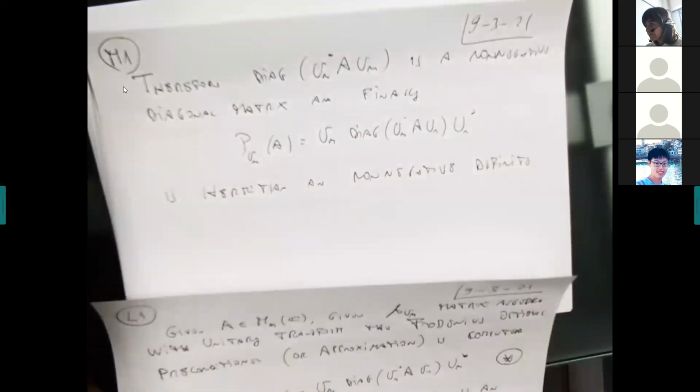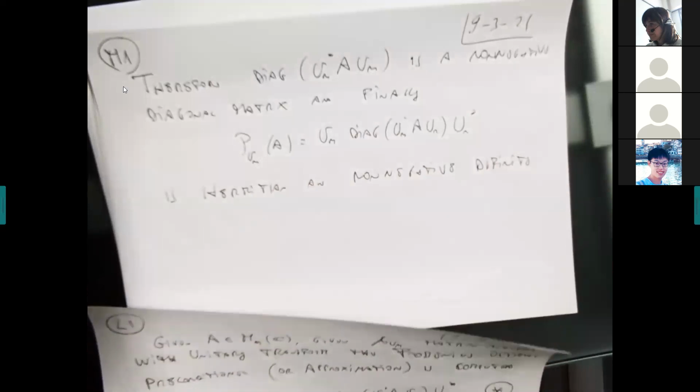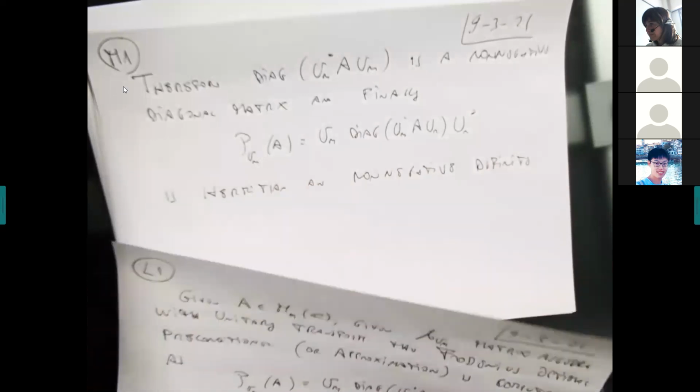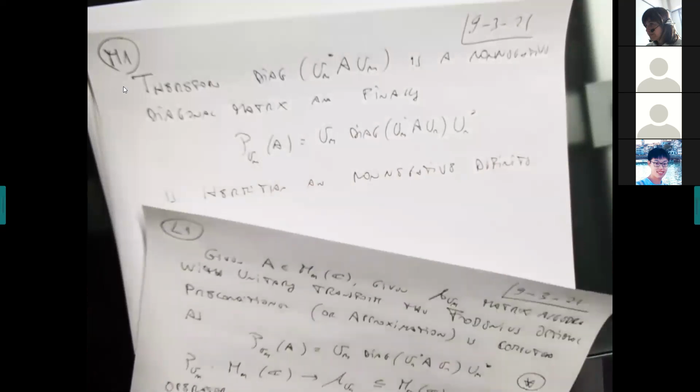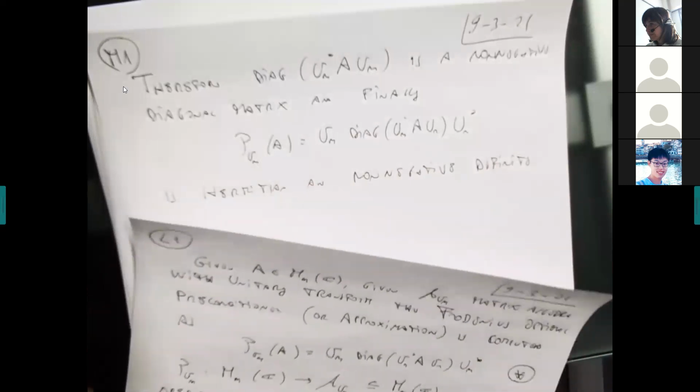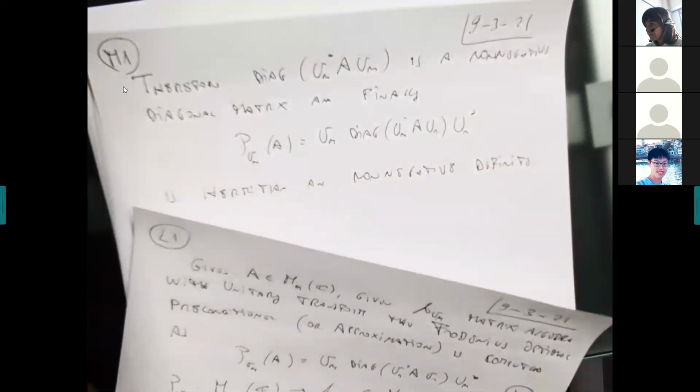So also the projection, the Frobenius optimal approximation for any matrix algebra with unitary transform, defines a linear positive operator.